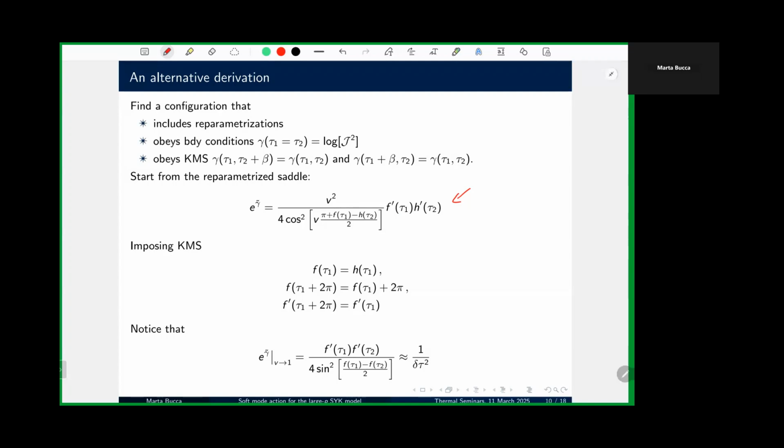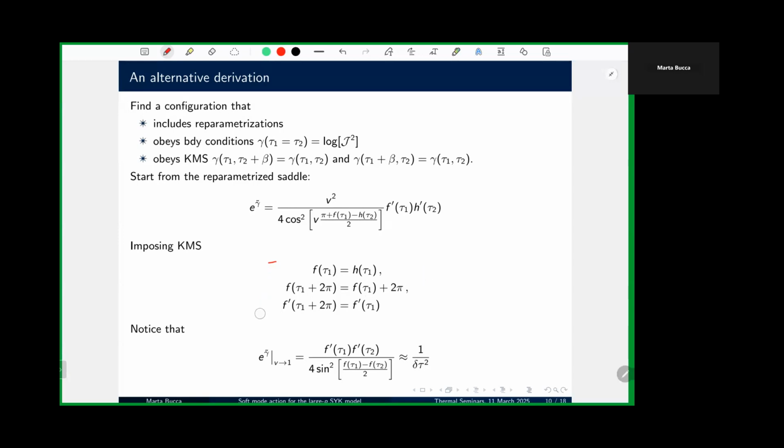If you impose KMS for your reparameterized saddle, you find, as I anticipated, that f of tau 1 is to be equal to h of tau 1, and then you find this winding condition for f, where f of tau 1 plus 2 pi is equal to f of tau 1 plus 2 pi, where of course here you see 2 pi because we set beta to be equal to 2 pi, but really this is a winding condition that relates to the inverse temperature.